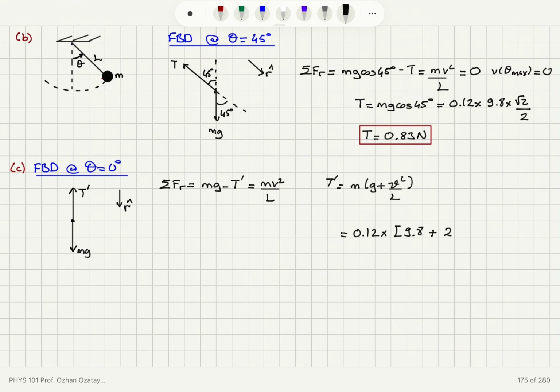So it is 2gL(1 minus cosine 45 degrees). This should be divided by L, which is 0.8. So the L's will cancel. And this gives me a numerical value of 1.9 newtons for the tension at the vertical position.